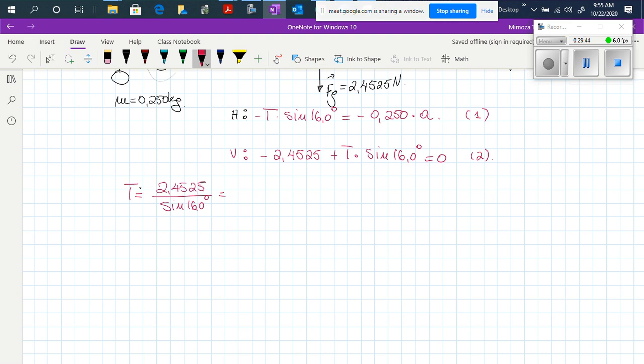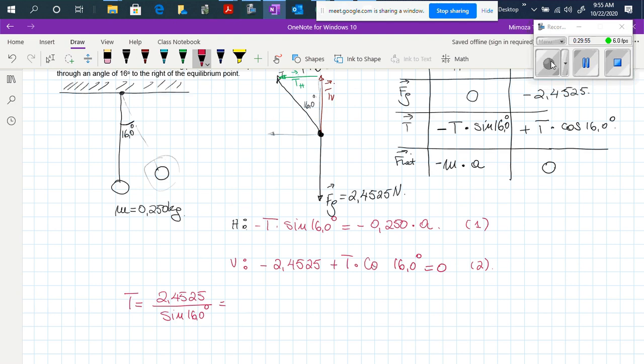This is equal to 2.551 newtons. So tension will be 2.55 newtons. Sorry about that confusion.